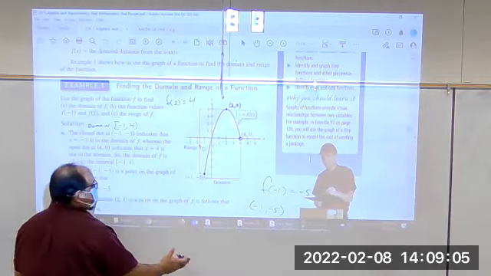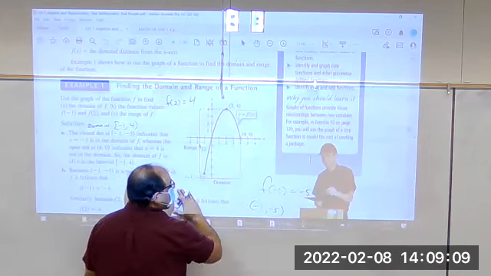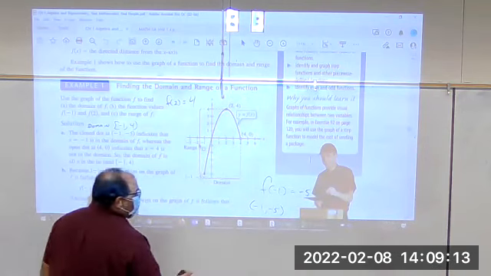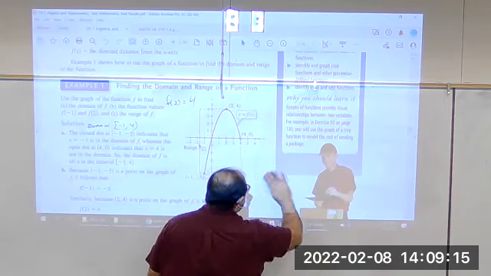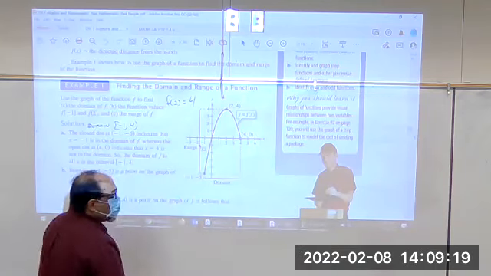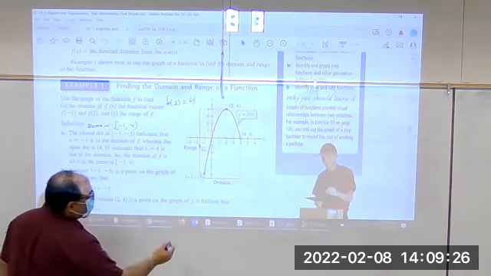And then the range. The range is about who? The y's. Domain is the x's, range is the y's. So what is the smallest y in that picture? -5.